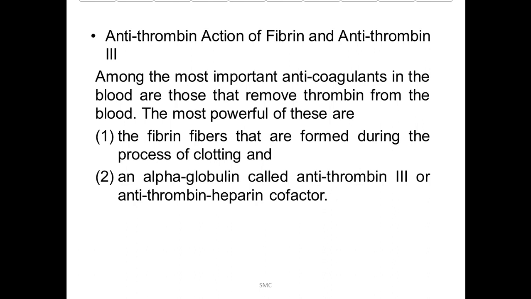Antithrombin action of fibrin and antithrombin 3: among the most important anticoagulants in the blood are those that remove thrombin from the blood. The most powerful of these are the fibrin fibers that are formed during the process of clotting, and an alpha globulin called antithrombin 3 or antithrombin heparin cofactor.